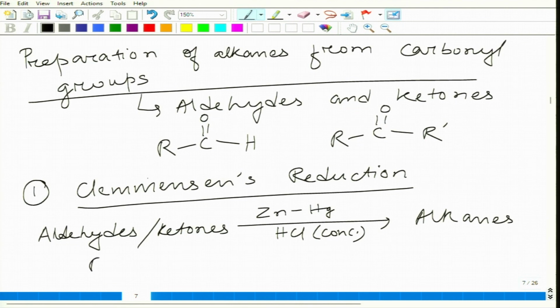So, the reagent for Clemmensen reduction is zinc amalgam and concentrated hydrochloric acid.